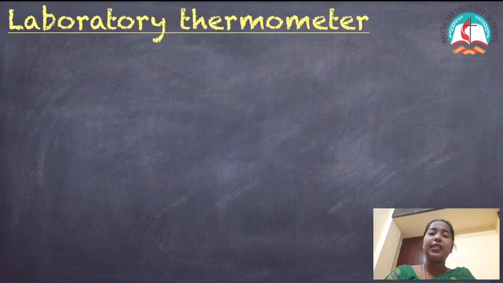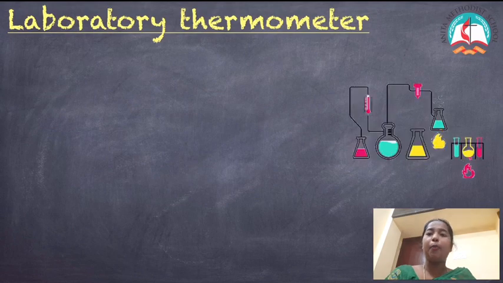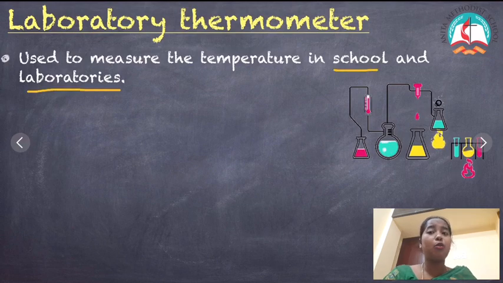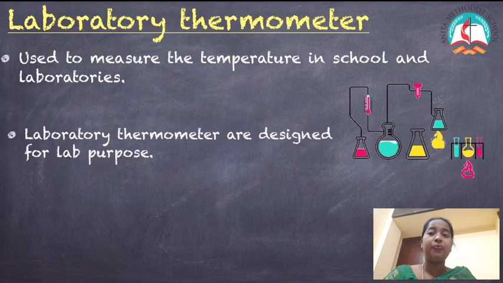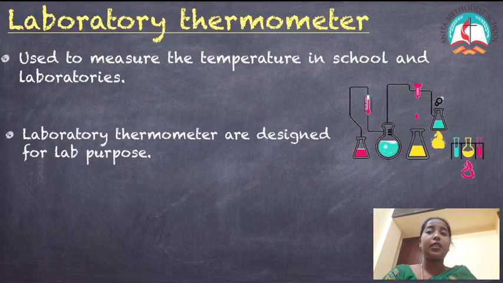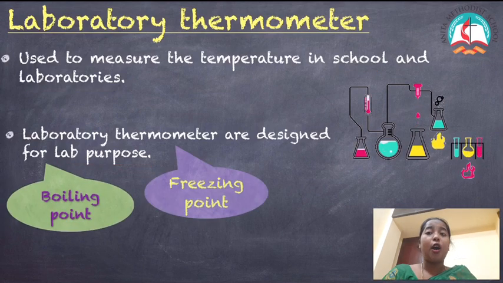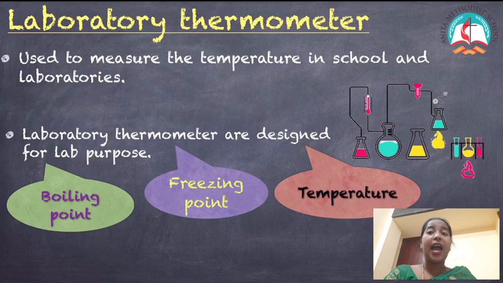Next, we are going to see about the laboratory thermometer. This laboratory thermometer is used to measure the temperature in schools and other laboratories for scientific research. Laboratory thermometers are designed for lab purposes such as checking the boiling point, freezing point and temperature of other substances.